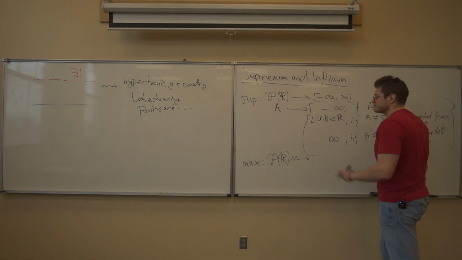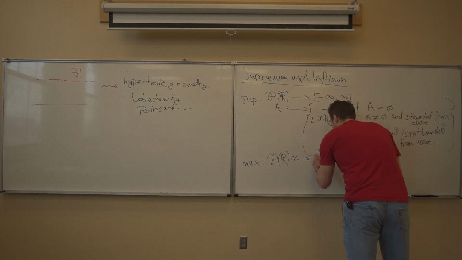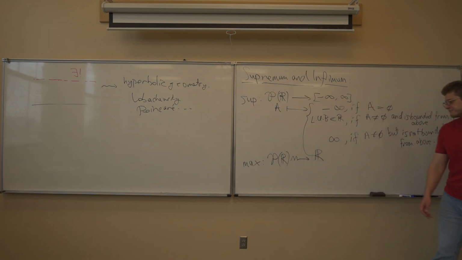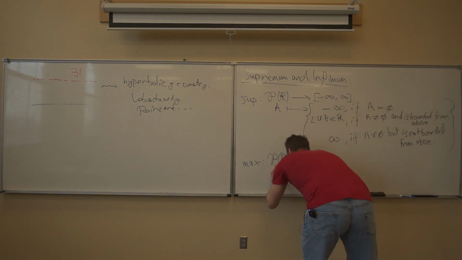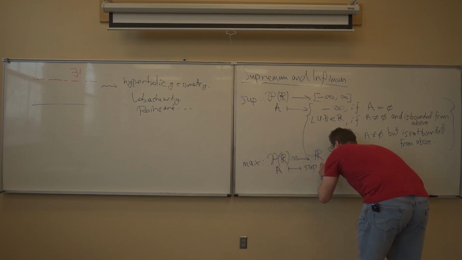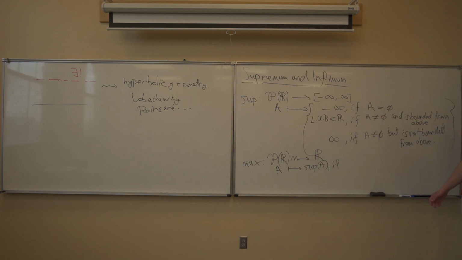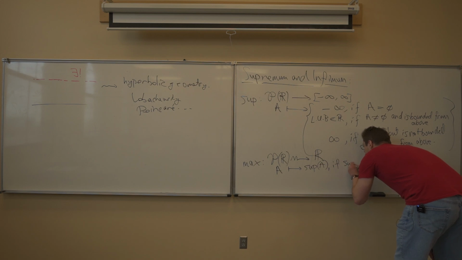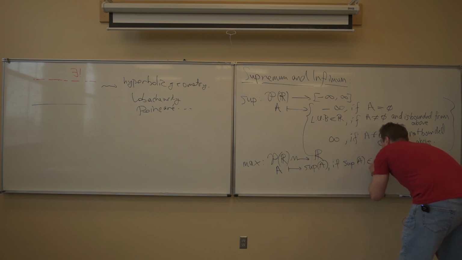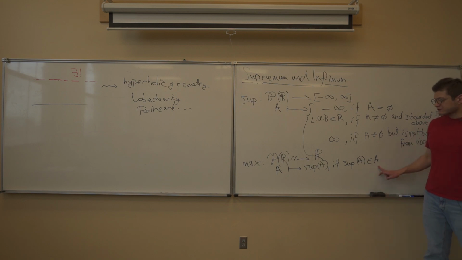It's a relation if you want, but it's not defined everywhere. And this is always going to have real outputs. I'm going to send A to sup of A if sup of A is an element of A itself. Otherwise, undefined.